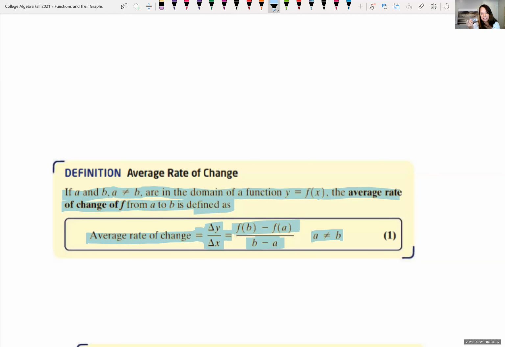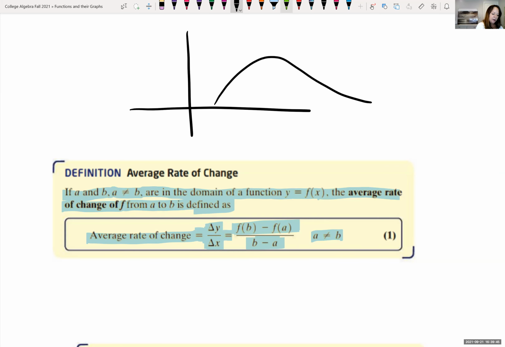So we've been able to find slopes before on a graph of only lines. And what the average rate of change is doing is basically looking at, so let's say maybe we had a graph something like this, and we wanted to find the average rate of change from this value, x equals a, to, how about this value, x equals b.